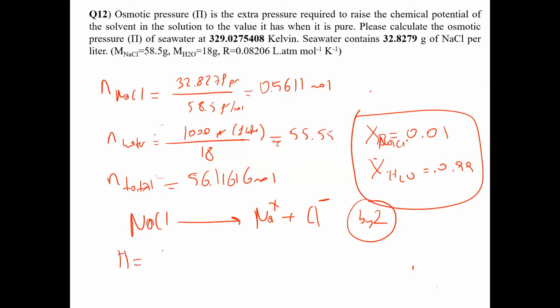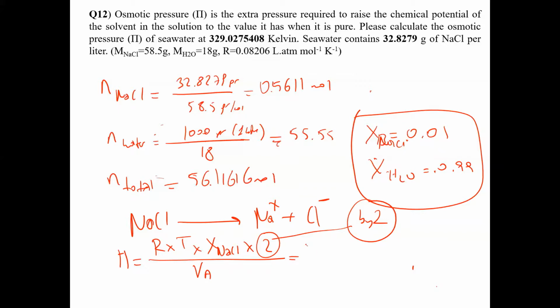Pi is equal to R times temperature times X sodium chloride, times 2, this comes from here, divided by VA.